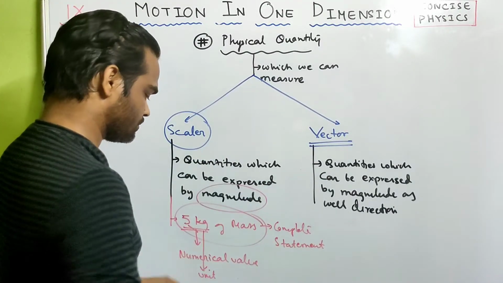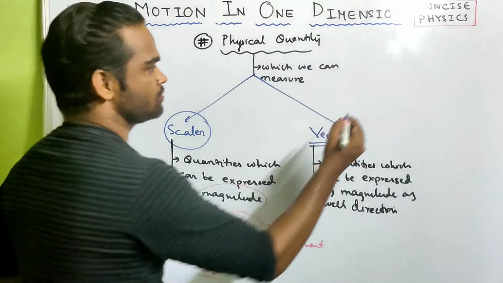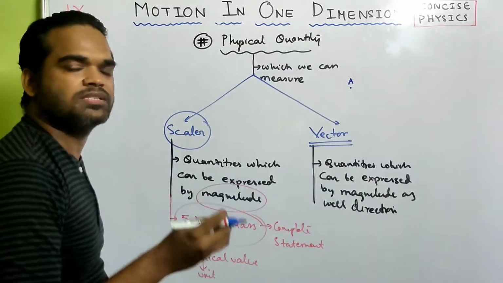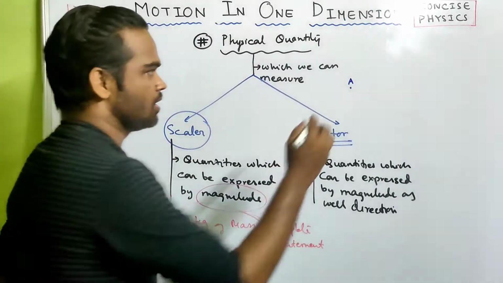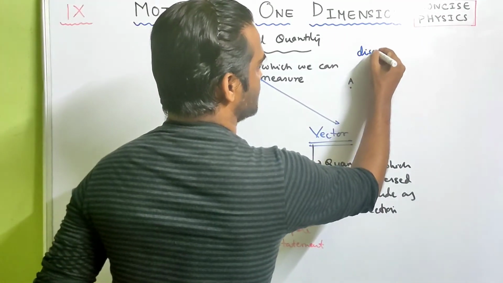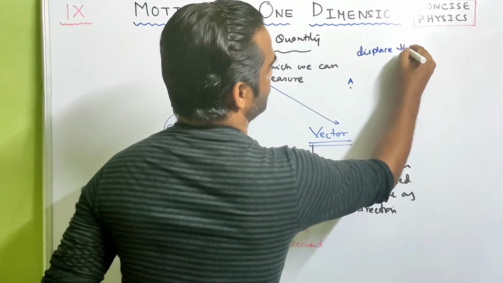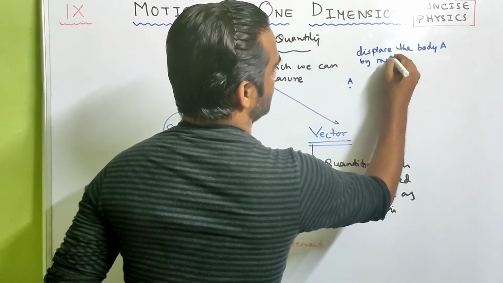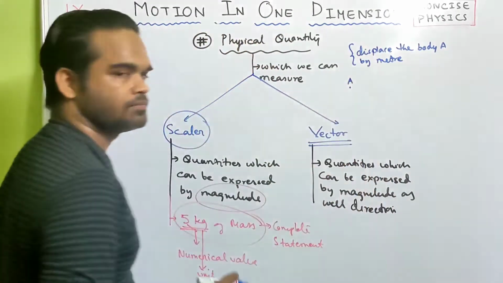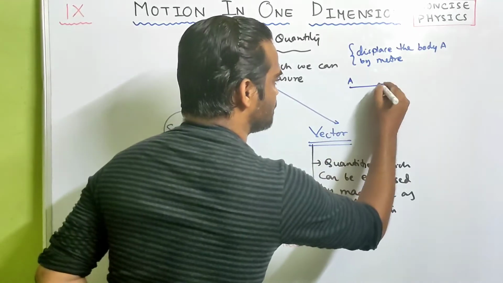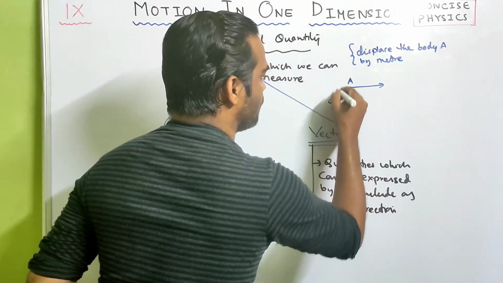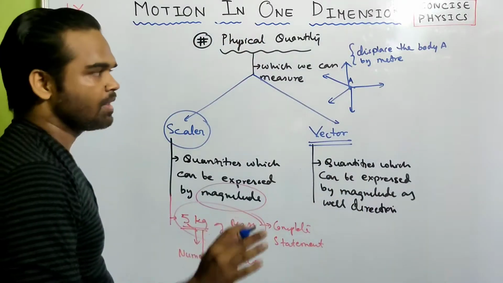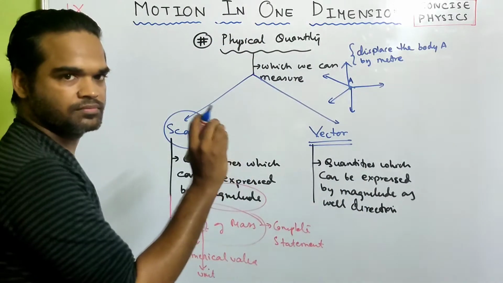But suppose there is a body A, and I tell you, displace the body A by 5 meter. Now this is an incomplete statement, because you can displace it in all the possible directions.